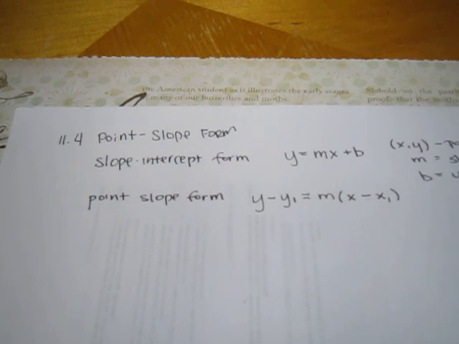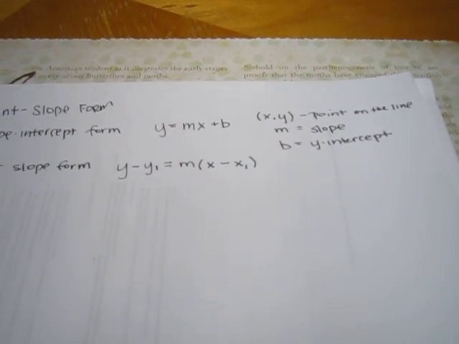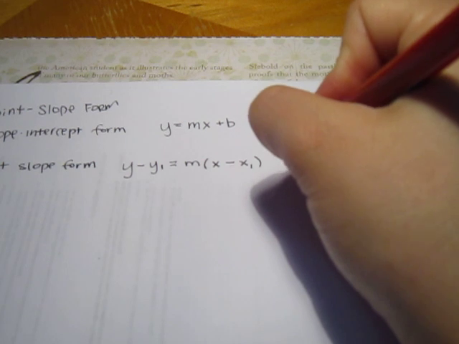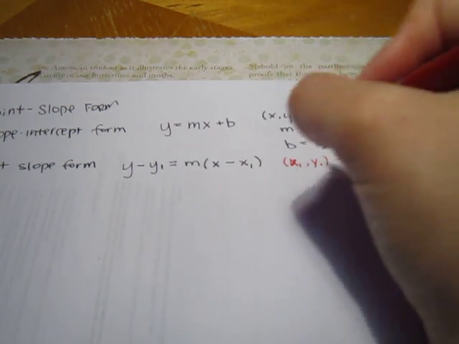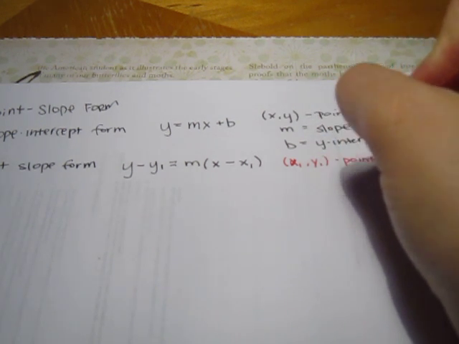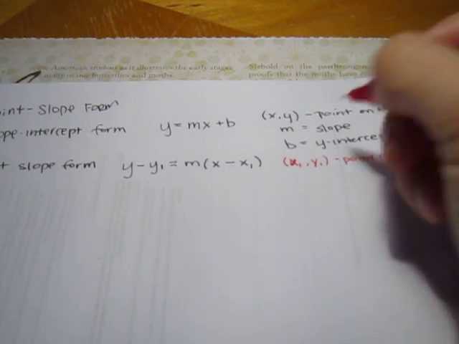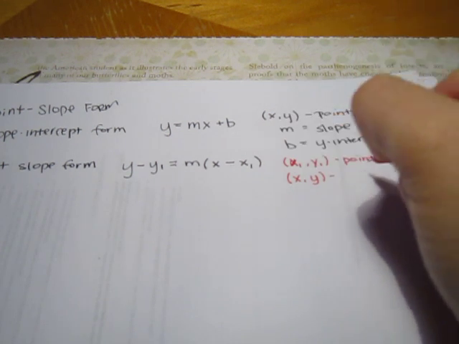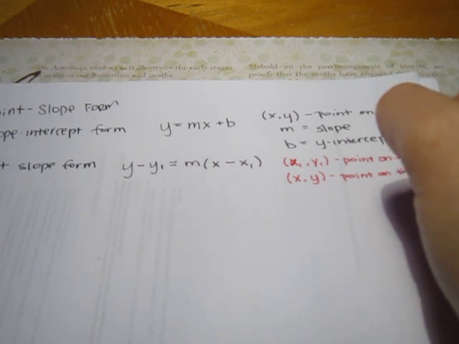And for this, we're still saying that x1 and y1 represent a point on the line, as well as just x and y are also representing a point on the line.